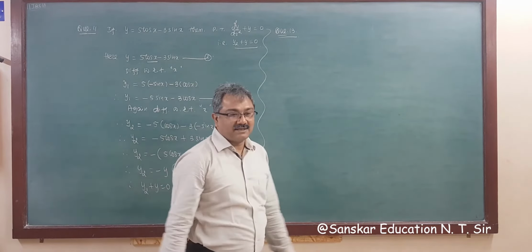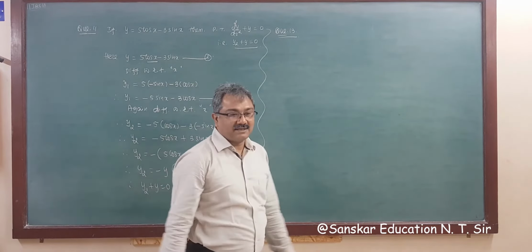Then prove that x square into y2 plus x y1 plus y is equal to 0.